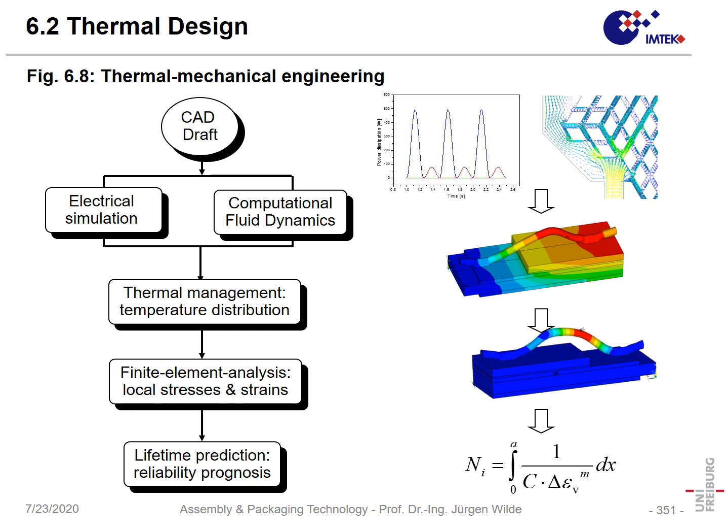So first of all, for instance, in the power electronics, we have a CAD draft. When we have a draft and a schematic, we can make an electrical simulation. In the easiest case, we use SPICE or some similar simulator. What we get is the power dissipation in devices and over time.